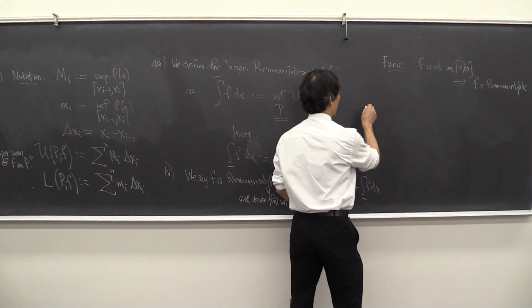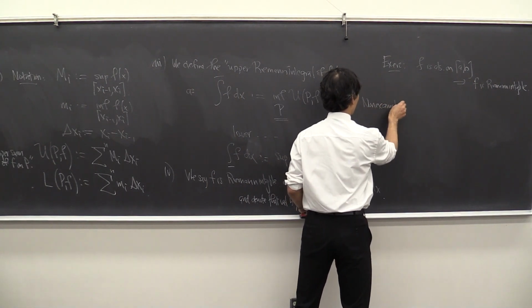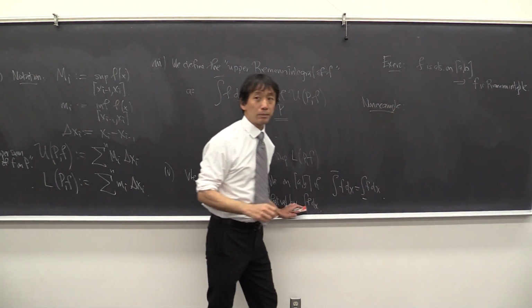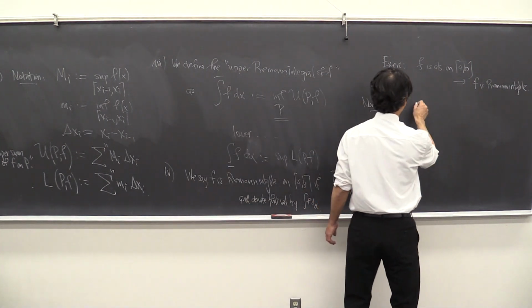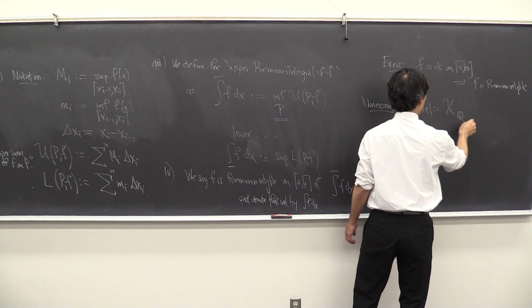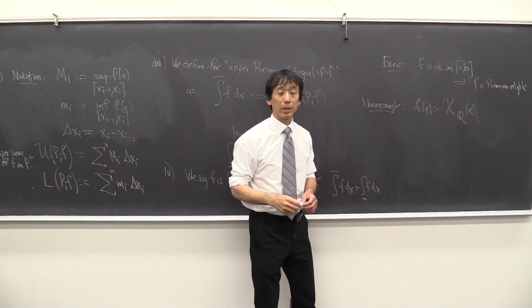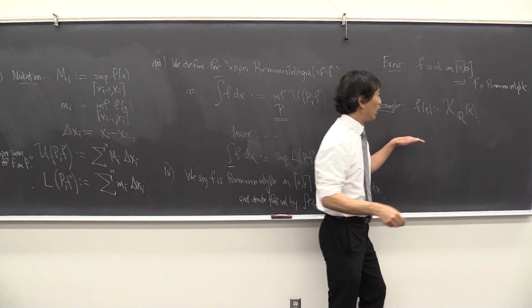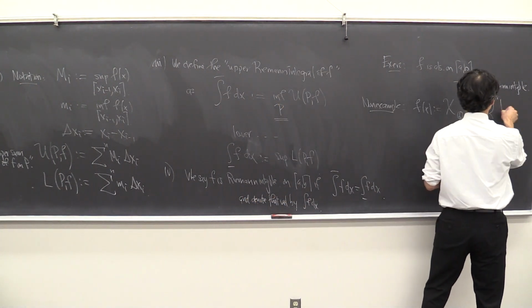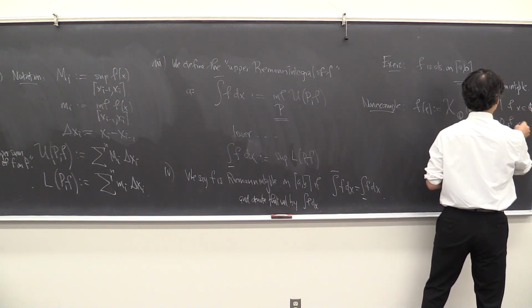Let me give a non-example. And that is f of x being the characteristic function of the rational numbers. So this is going to be 1 if x is rational, and 0 if x is irrational.